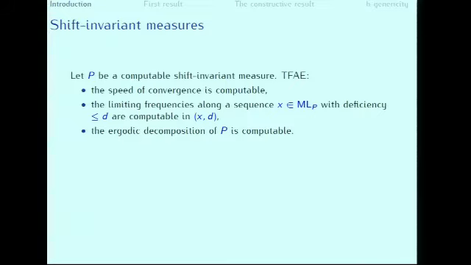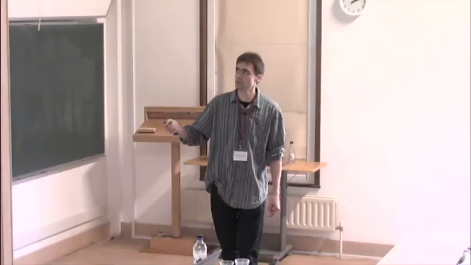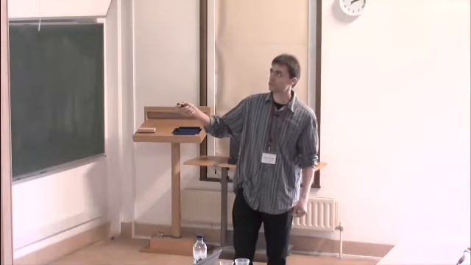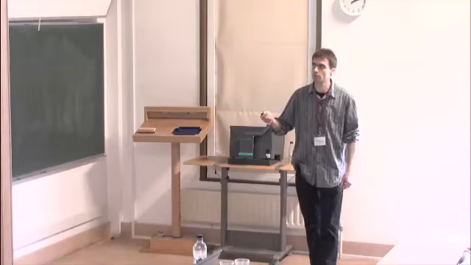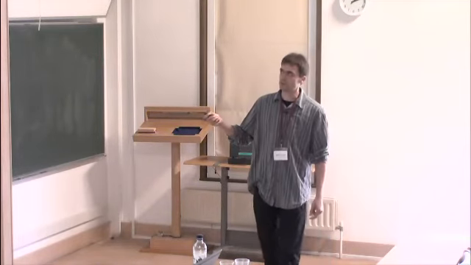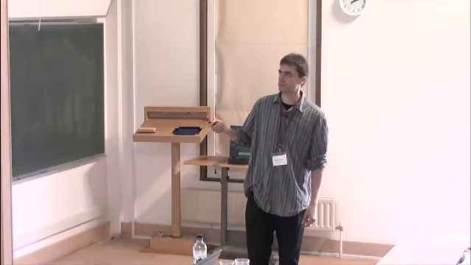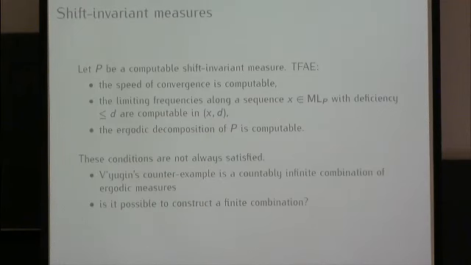This is equivalent to: for each random sequence, you can compute from the sequence the limits along the sequence, uniformly from X and a bound on the deficiency of X. This is what we now call layer-wise computable. And the point is that not every computable shift-invariant measure can be effectively decomposed. So this does not hold for every computable shift-invariant measure.